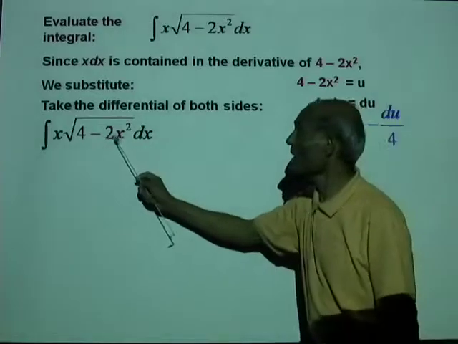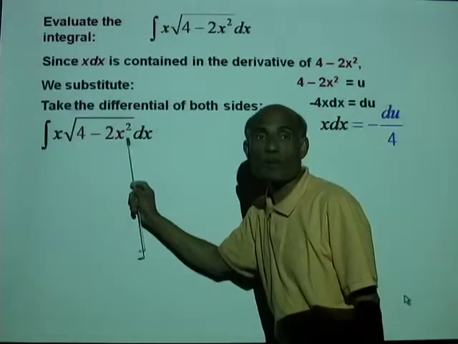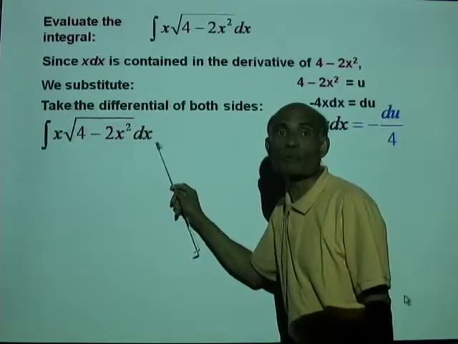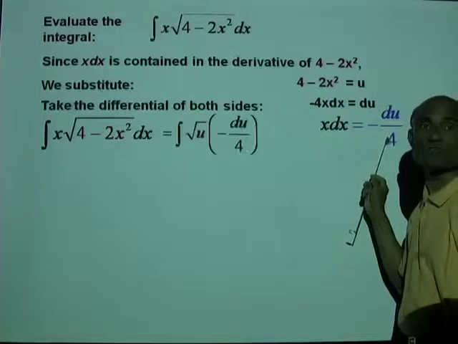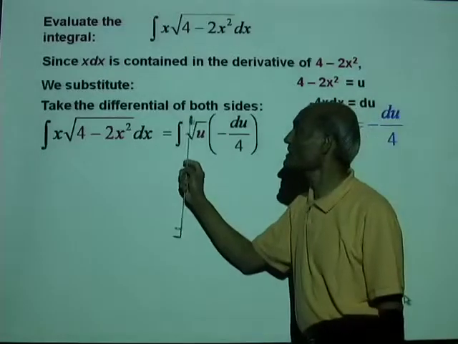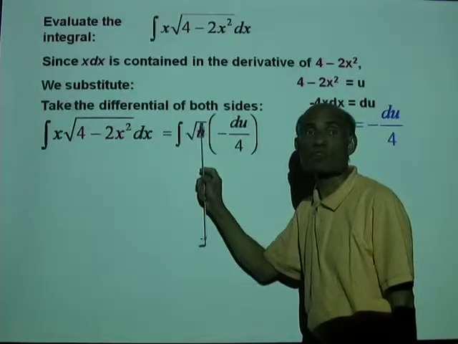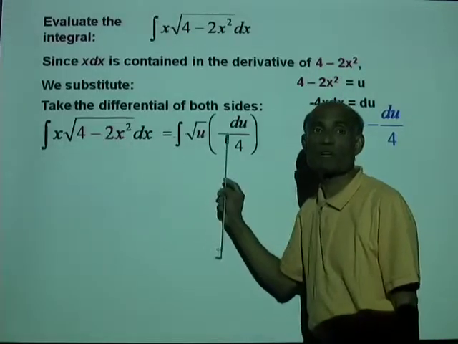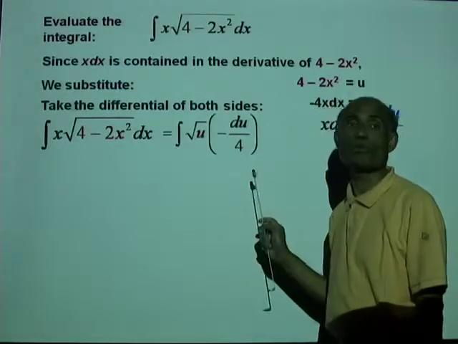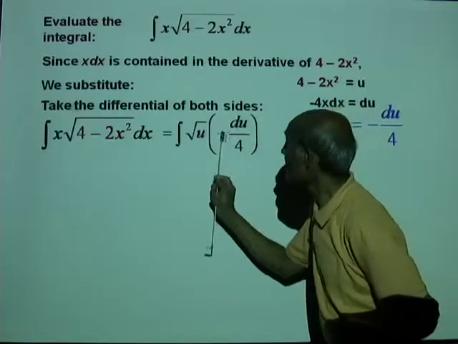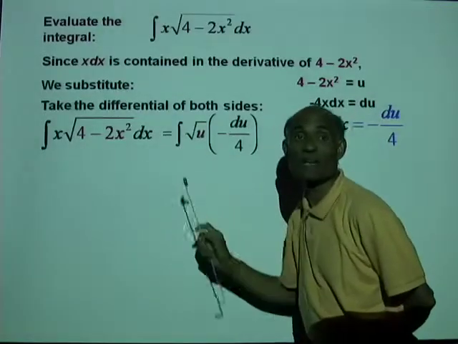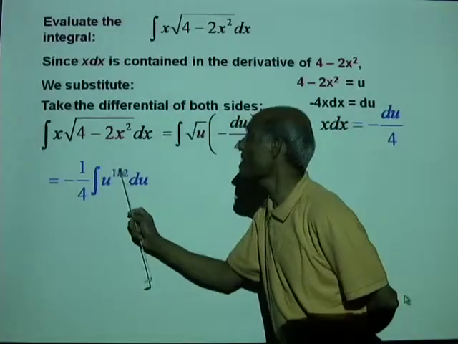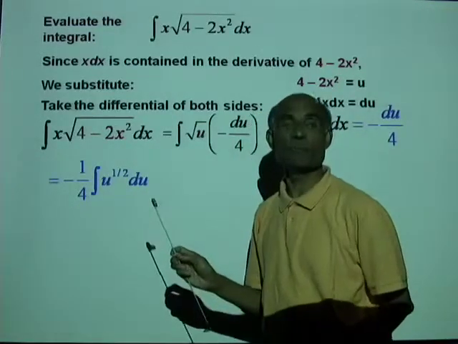So let's rewrite that. 4 minus 2x squared is replaced by u. Then x dx will become negative du over 4. So the integral now becomes integral square root u times negative du over 4. And this negative 1/4 can be taken out. So that means negative 1/4 integral u to the power of 1/2 du.